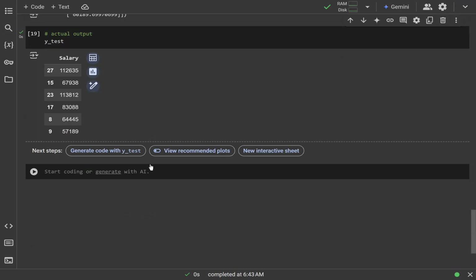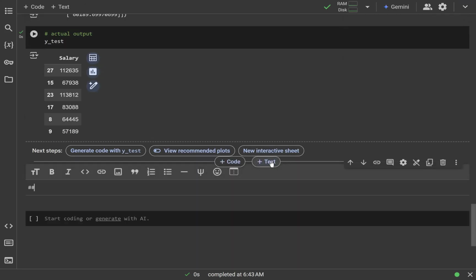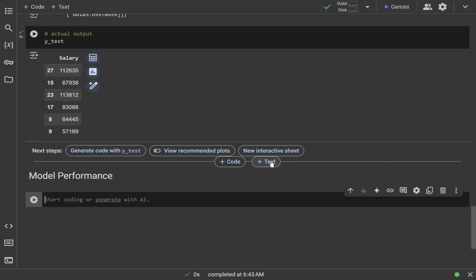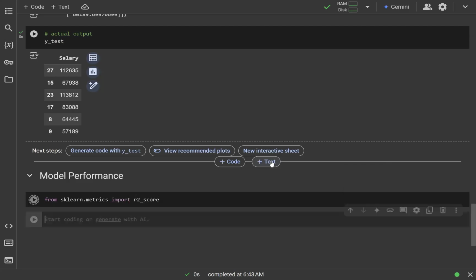For that, we will compute the model performance. So in a regression type of model, you apply one technique called R2 score. From sklearn.metrics import r2_score, print r2_score.